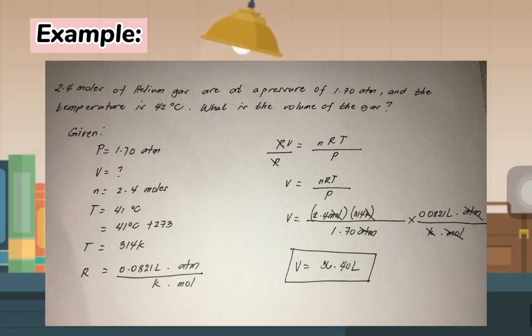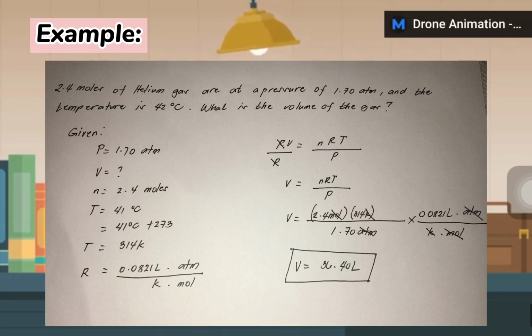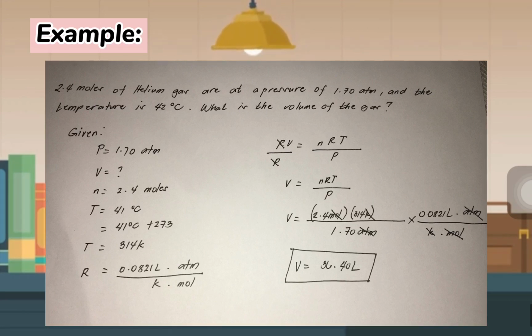For our amount of substance, we have 2.4 moles, and for our temperature, we will convert it to Kelvin. So 41 degrees Celsius plus 273 is equivalent to 314 Kelvin. Then for our ideal gas constant, we have 0.0821 liter times atm over K times mole.